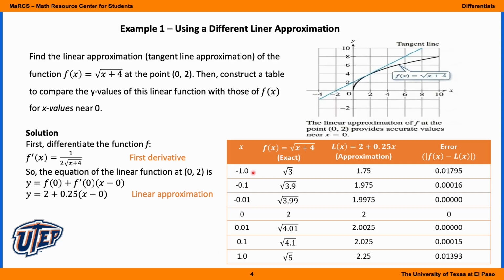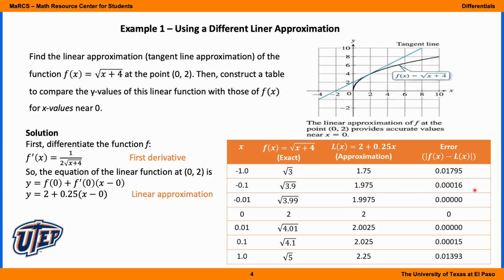So f of negative 1 is equal to the square root of 3. f of negative 0.1 is equal to the square root of 3.9, and we keep on going. Now we are evaluating our approximation function at these x values. So the function we just defined, 2 plus 0.25x, plugging in negative 1 for x, we get 1.75, and then plugging in all the respective values.